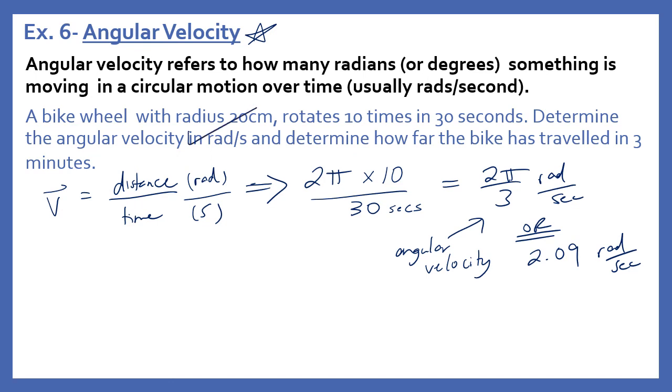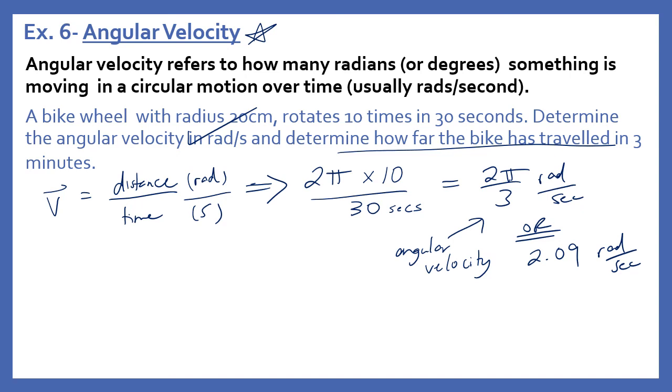We want to know, though, how far the bike has traveled in 3 minutes. There are a couple of different ways to do this. One of the ways doesn't even involve using our angular velocity. You could use your angular velocity if you wanted to, but let's come up with a different way just to show you something different.